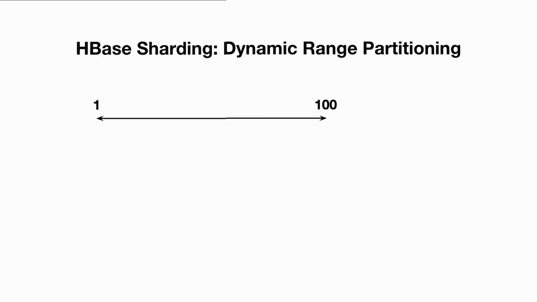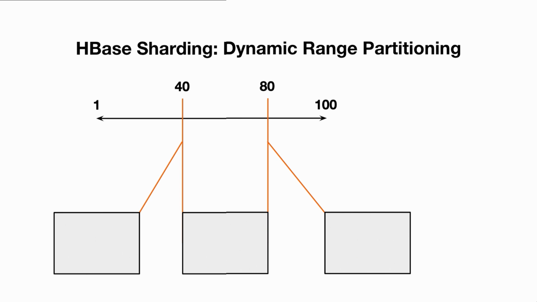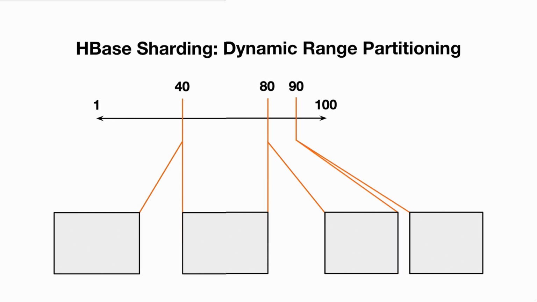So the way HBase does this is through a method called dynamic range partitioning, which is a bit of a mouthful. Basically, we talked about range partitioning already. So HBase breaks up the key range by range of keys and assigns one shard to each disjoint key range. So the dynamic part means that as shards grow, if one gets too large, it'll actually split it down the middle of the key range for that shard to form two new shards.